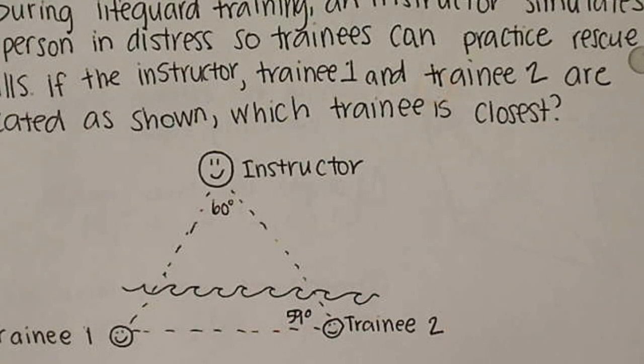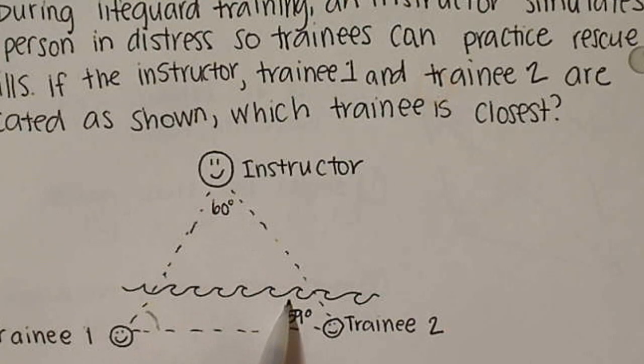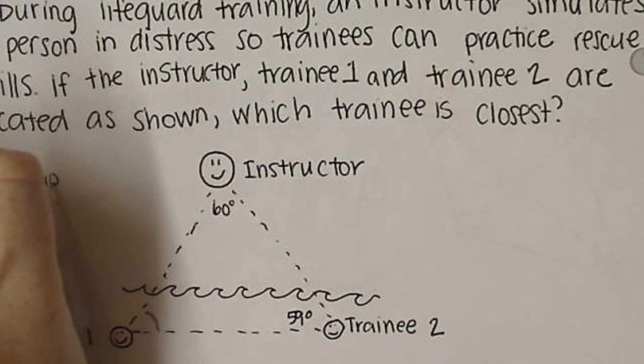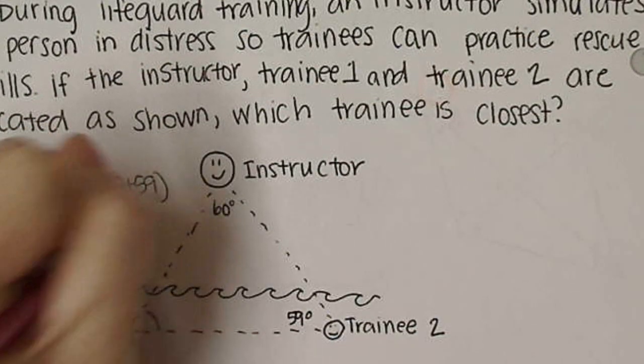Okay, so what I want to figure out is I need to know this angle right here, because I need to know, is it bigger or smaller than these two angles? So how can I figure that out? Well, triangle is 180, so 180 minus 60 plus 59.